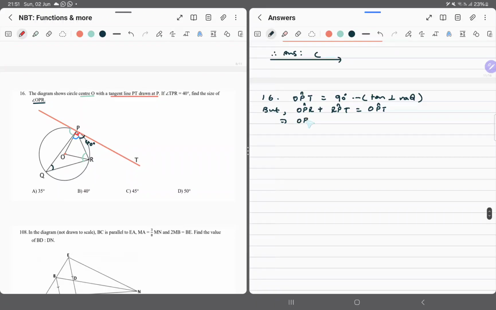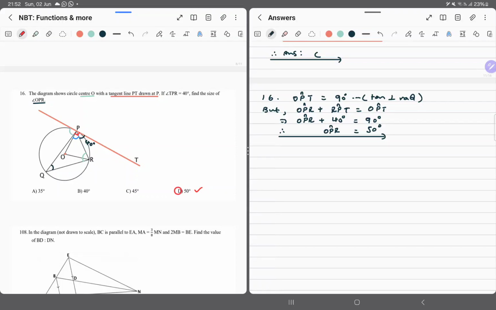We are interested in OPR plus RPT. This is 40 degrees, or TPR, whatever they called it, is going to be equal to 90 degrees. Therefore, this OPR is 50 degrees. Done. Yeah, they were a bit lenient here. So that means our answer is D here.